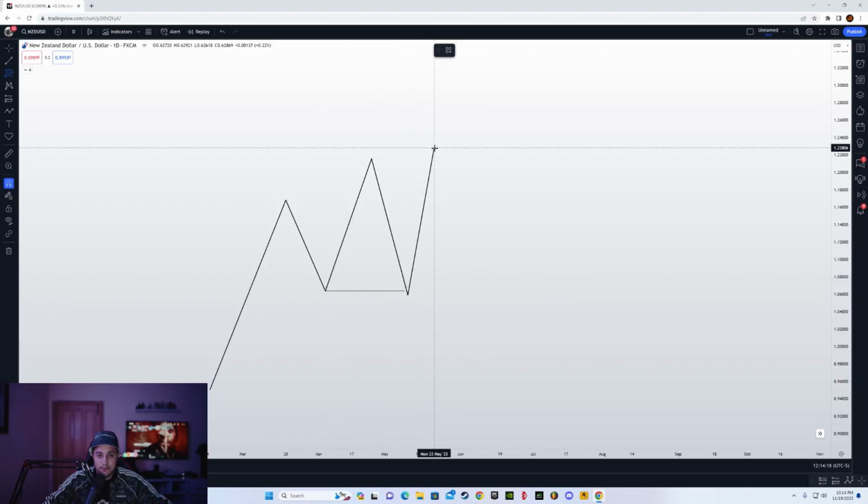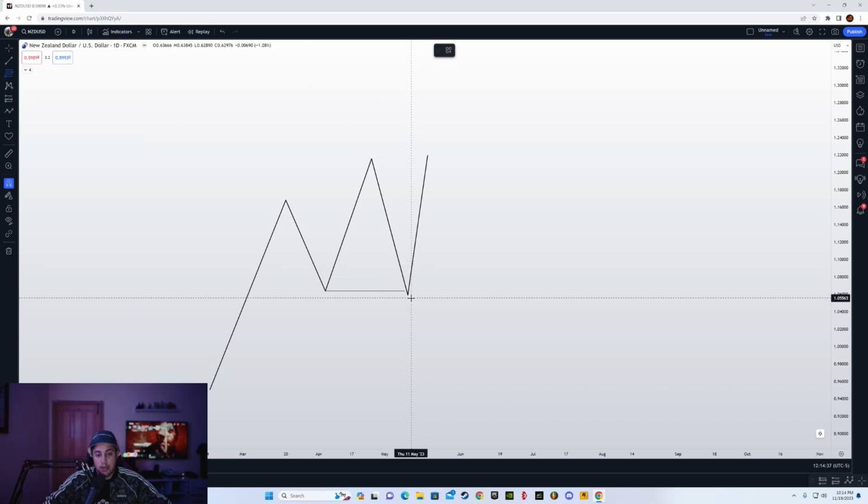Now, this leg up here also took out some form of liquidity, right? Now, once price takes out both sides of the liquidity, so over here we took out the liquidity, right? And then we had a break of structure, or you could call it a liquidity sweep, if that makes sense.